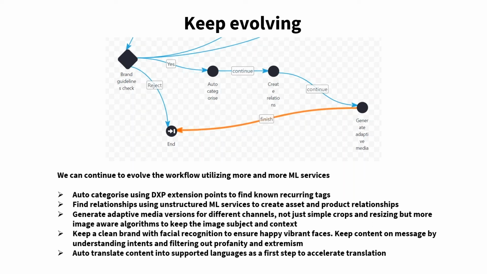We actually look at the context of the image and then crop and resize, meaning that the function of the image, the story of the image, is preserved. And I think you can agree, if we go through all these different processes, we can take digital asset management to a completely new level.